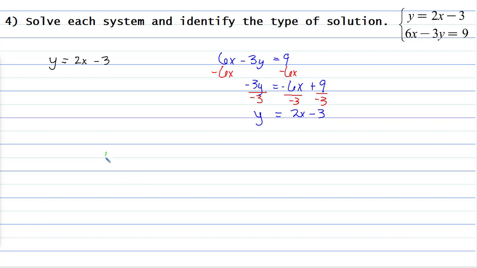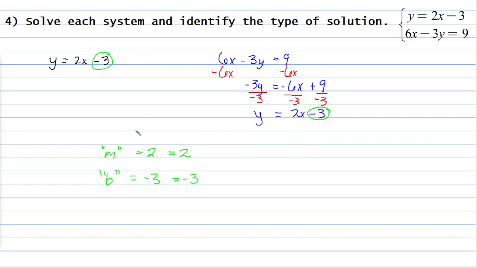So again, we're going to start by comparing our slope, or the m. The first m was 2, the second m is 2. Then we're going to compare our b, and the b is the number that's not being multiplied times your variable. We have negative 3, and that's equal to negative 3.